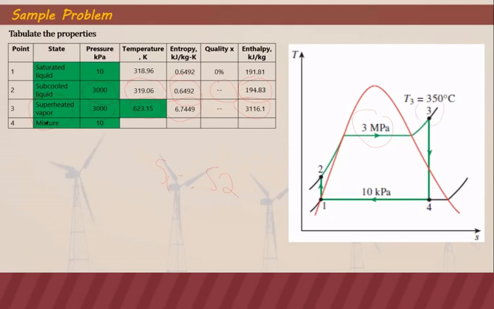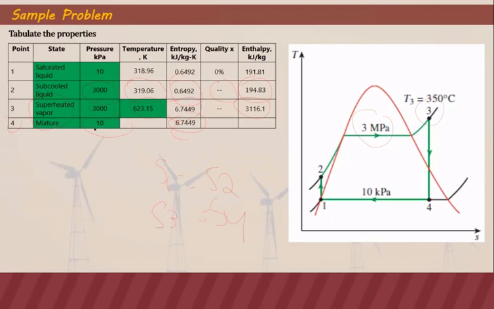And finally, at point 4, examining process 3 to 4, this is a constant entropy process. Therefore, S3 is equal to S4. That's why we have 6.7449 at point 4. Since we already have two known values, you can plug in these two known values in the software or use your idea now of mixture and use the steam table. Either way will do, but the easier way is to use the software.